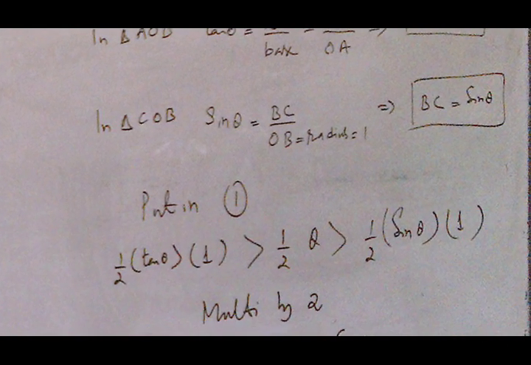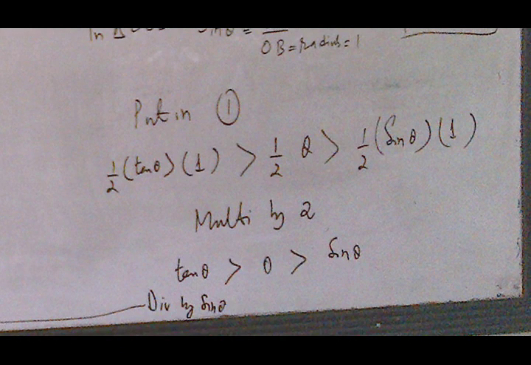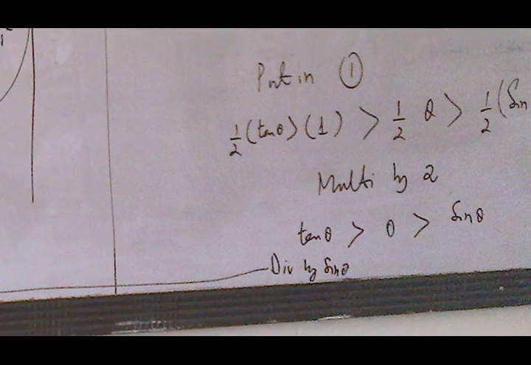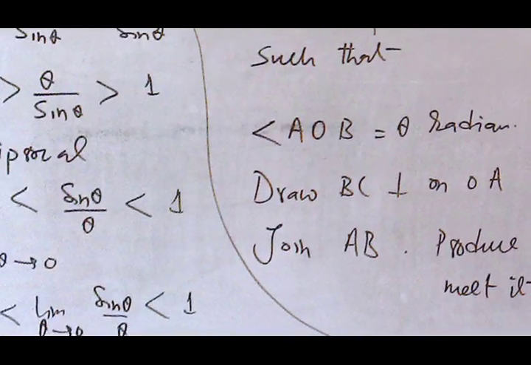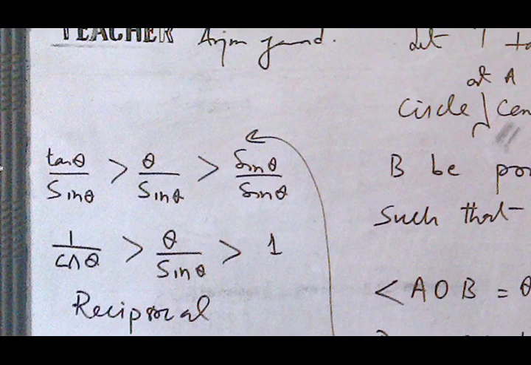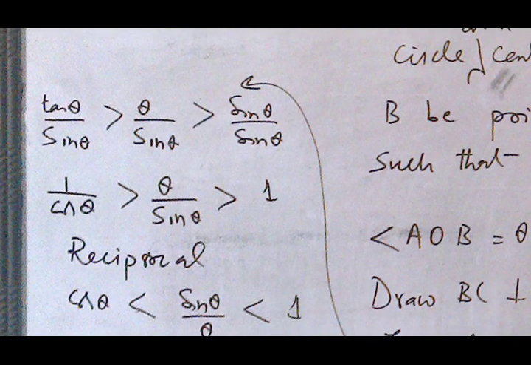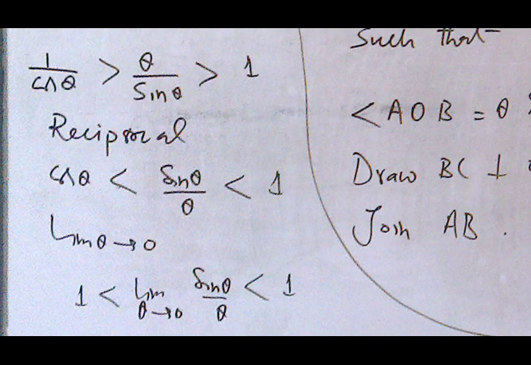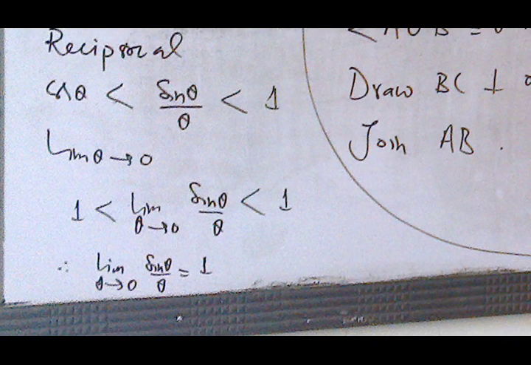We put these values in the above inequality, and then we multiply by 2, and then we divide by sin theta. Now this is equal to 1 over cos theta over sin theta and 1. Then taking reciprocal, when we take reciprocal, the inequality sign changes. Limit theta tends to 0, cos 0 is 1, therefore limit theta tends to 0, sin theta over theta is also equal to 1.